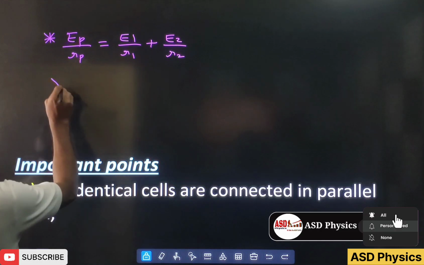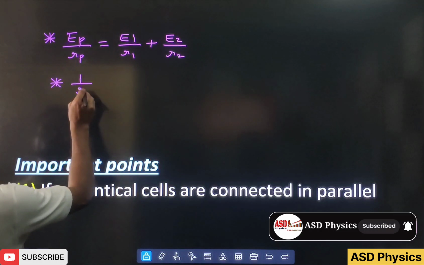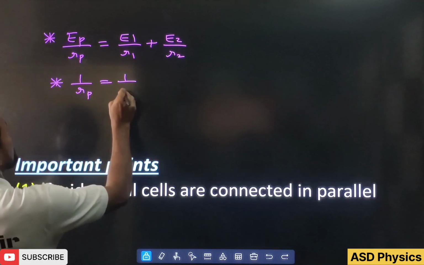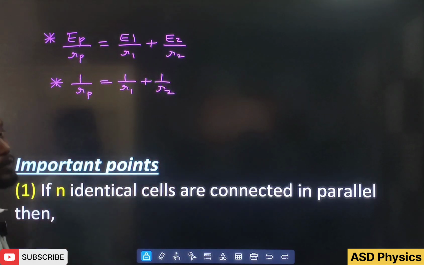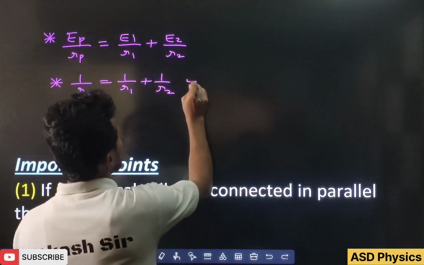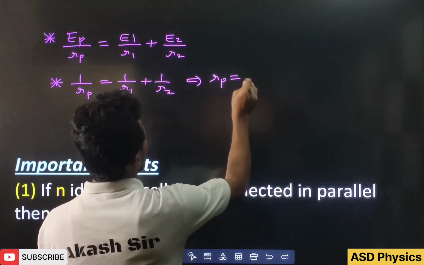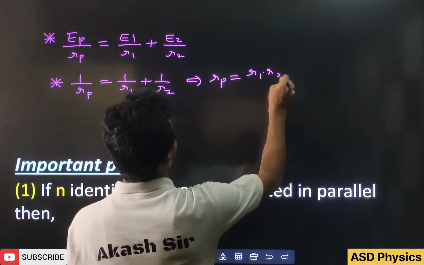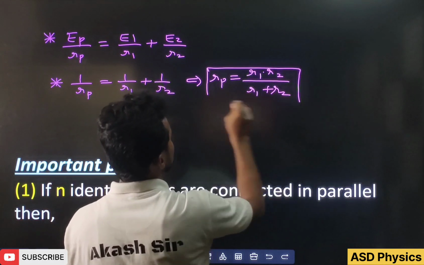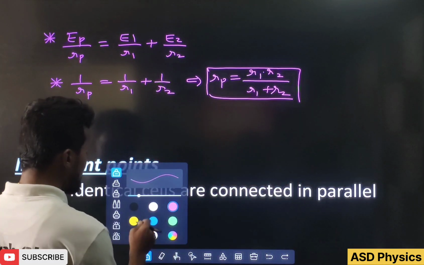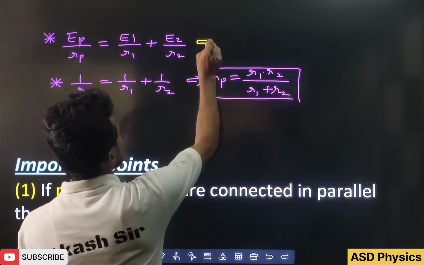And the coefficient of V, means 1 by Rp, is equal to 1 by R1 plus 1 by R2. This formula you have to remember. After that we can simplify somewhat. Rp equals, for a parallel combination, R1 R2 by R1 plus R2.